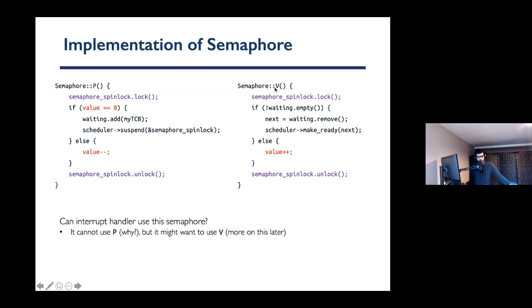So potentially you can call V, but if you want to have a semaphore that is used by the interrupt handler, you need to disable interrupts at the beginning and enable interrupts at the end. So in this implementation, you cannot use it with an interrupt handler. If you want to, you could add disable interrupts at the beginning and enable interrupts at the end, and then it would be safe for the interrupt handler. We would avoid deadlock.